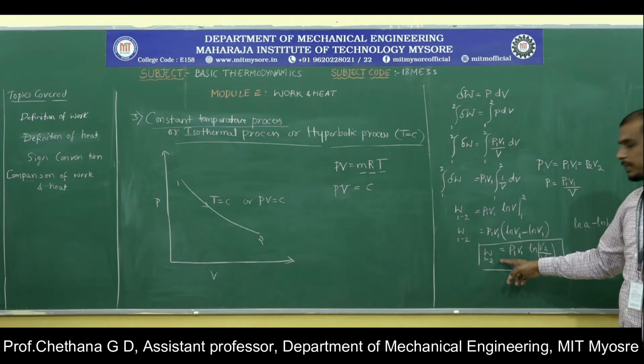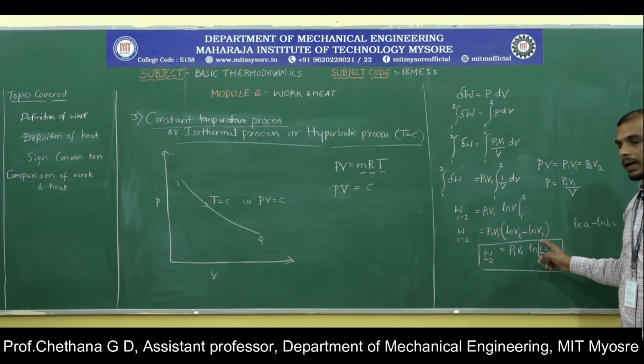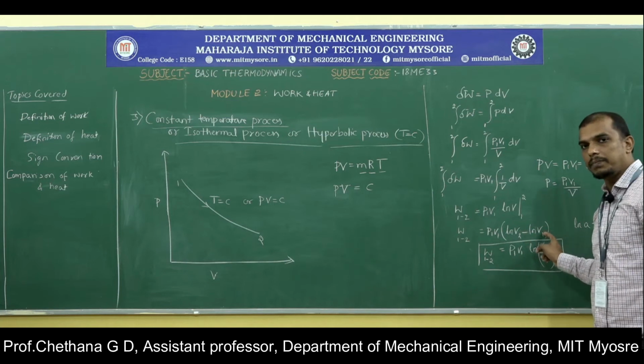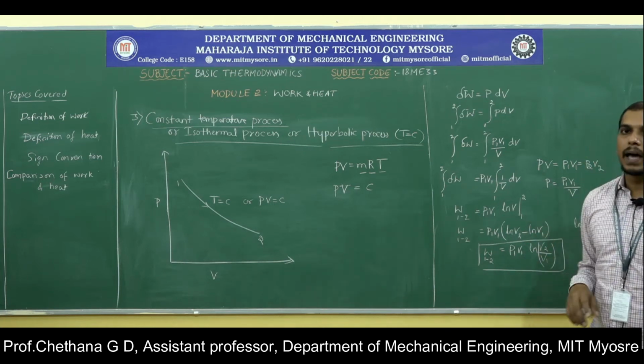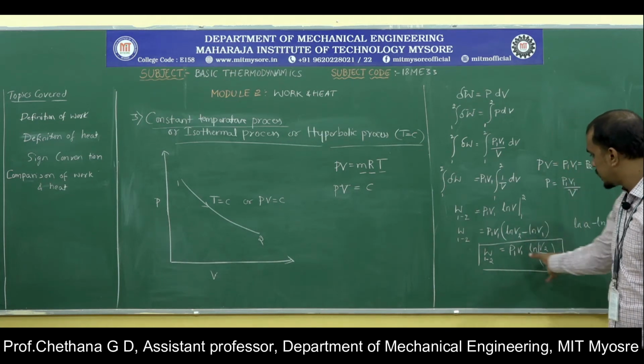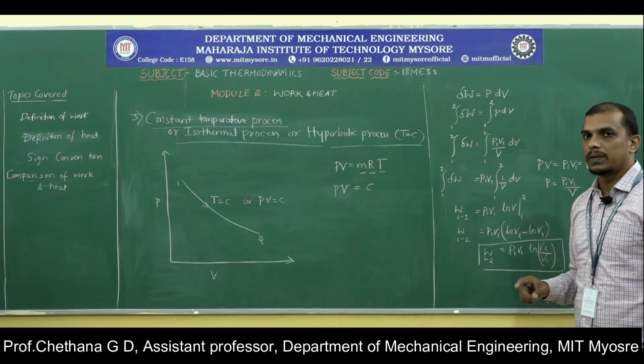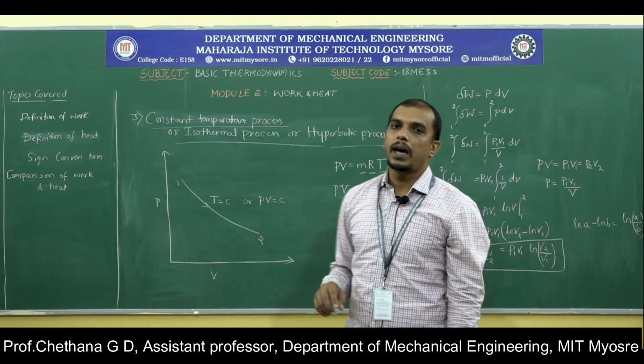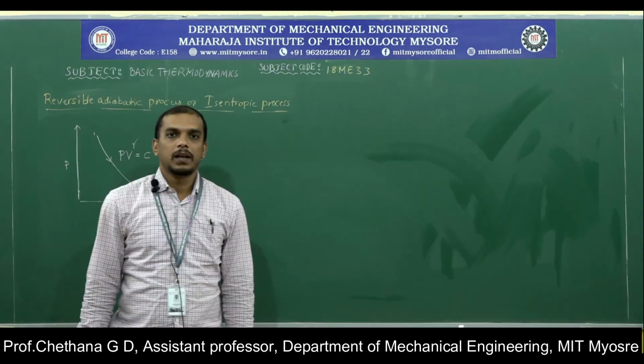Then work 1 to 2 will be equal to P1 V1 ln of V2 by V1, because ln A minus ln B is equal to ln A by B. Therefore, this equation is giving us the work transfer in a constant temperature process or isothermal process.